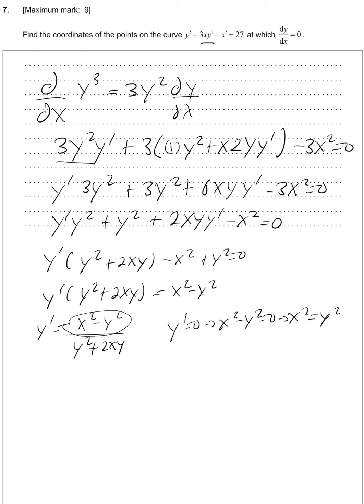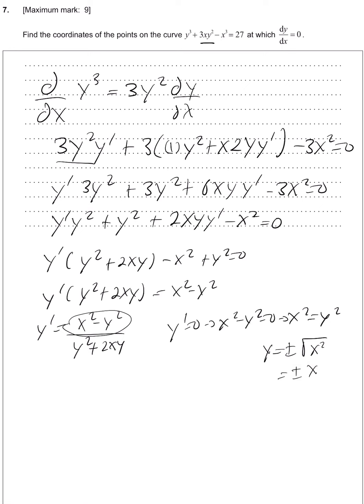Now, if x squared equals y squared, I'm going to take the square root of both sides. So y is equal to plus or minus the square root of x squared. The square root of x squared is plus or minus x. So what I'm going to do now is go back to my original equation right here and find the value of x when y equals x.